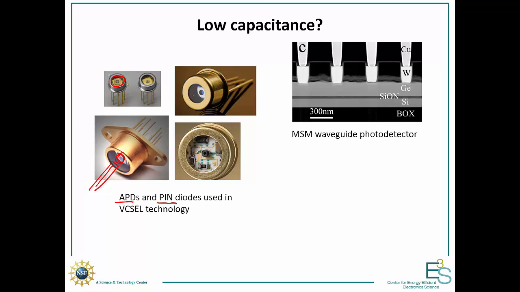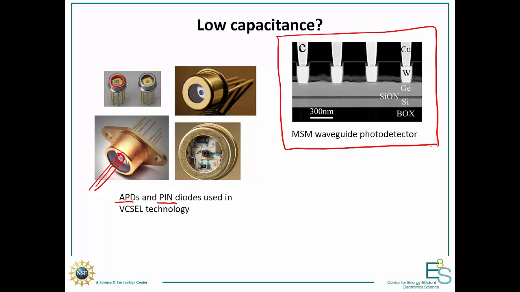In more modern systems, such as what is used by Luxtera, we can have waveguide-integrated photodetectors. Here you see a germanium slab, and it's sitting on a silicon waveguide.